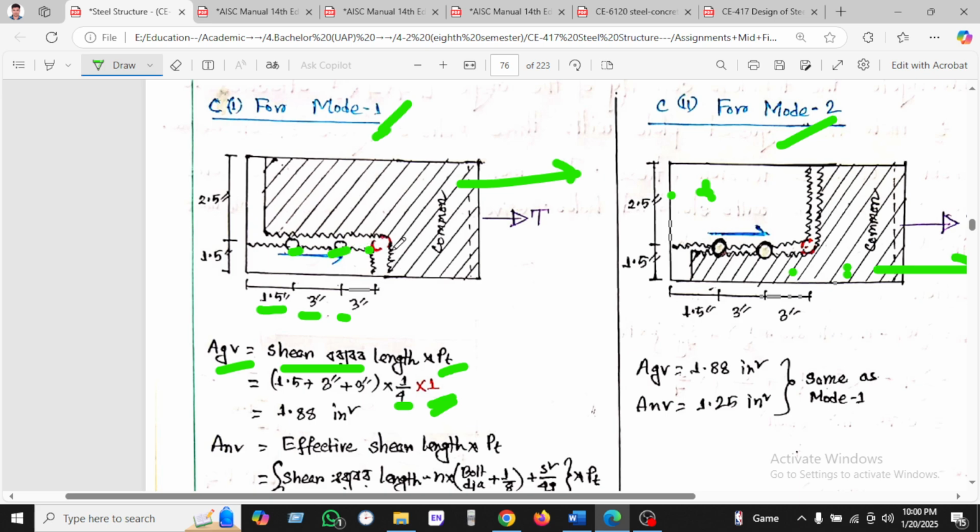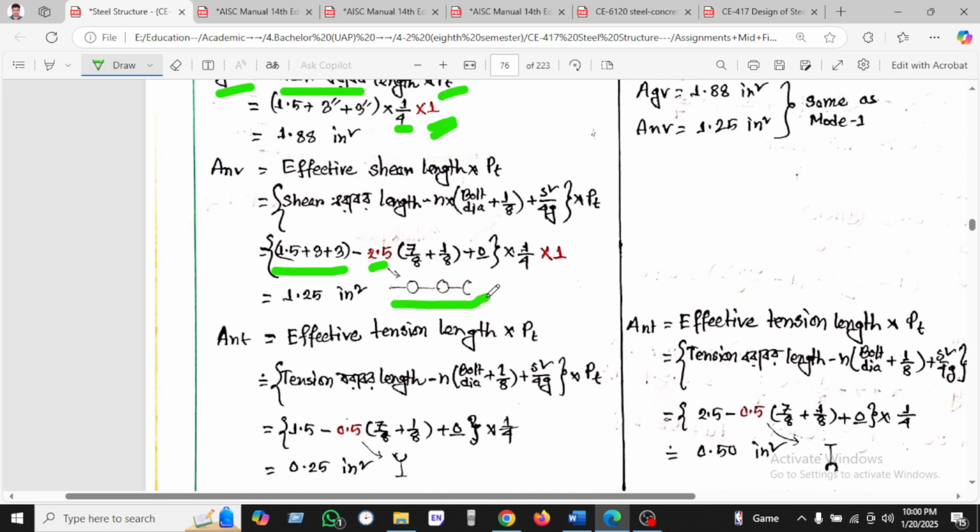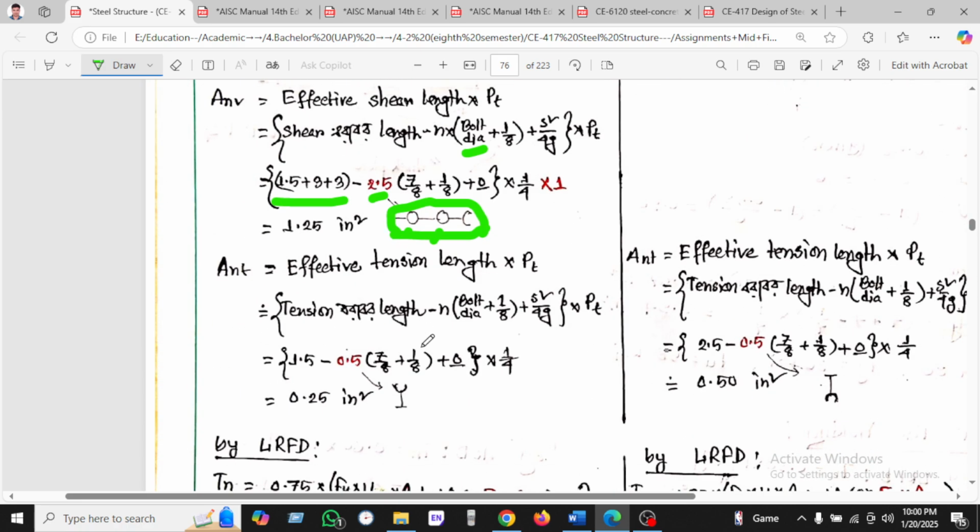As we consider the tearing will be here, the phenomenon will be like this: one bolt is full, another bolt is full, and the last one will be half. That's why we are considering 2.5, and the bolt diameter is given in the question, so there is no issue. 7/8 and 1/8 is the constant, and there is no stagger to be used. That's why we use the stagger term as 0. And the plate thickness is given in the question as 1/4, and 1.